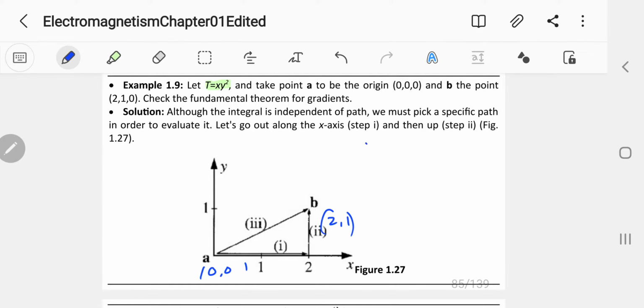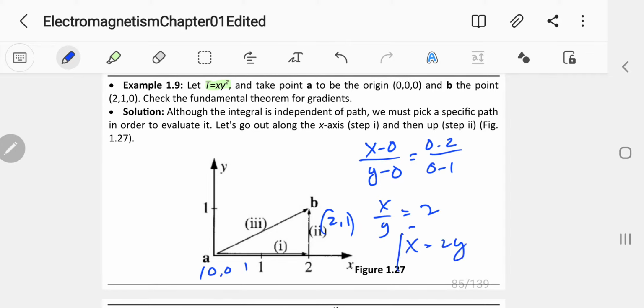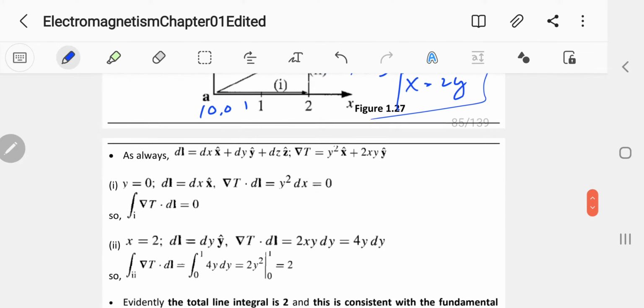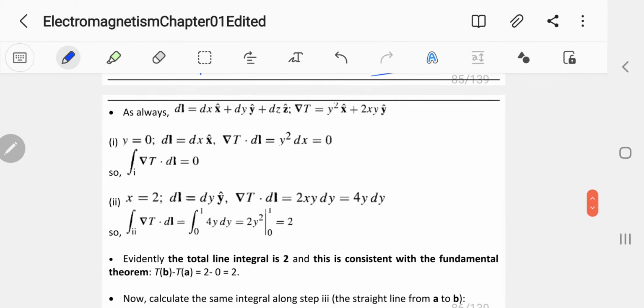So you can use x minus 0 over y minus 0 is just equal to 0 minus 2 over 0 minus 1. So x over y is just equal to negative 2 over negative 1, which is 2. So your x is equal to 2y, and you can use that relationship to integrate through segment 3.